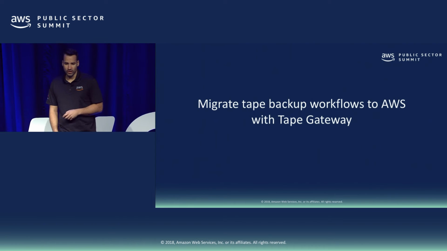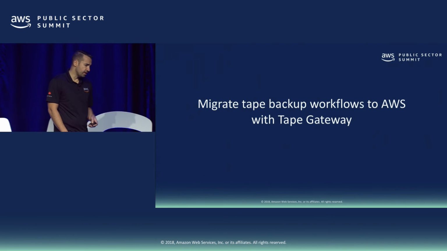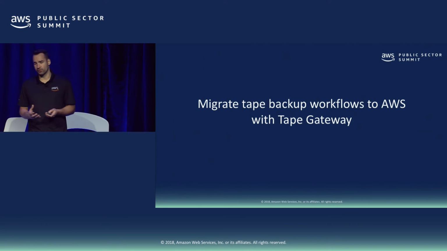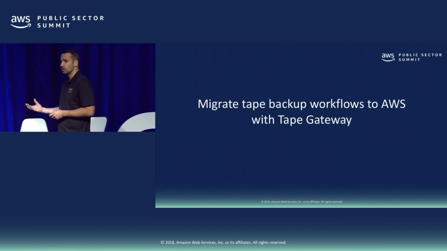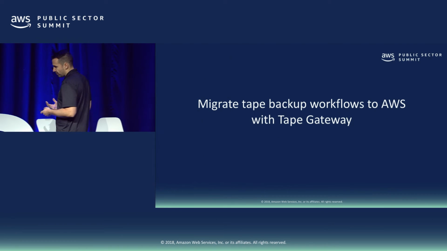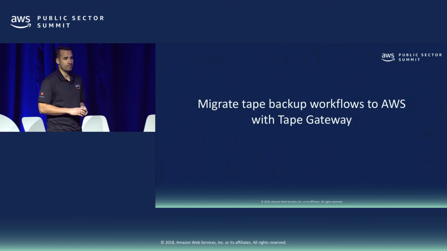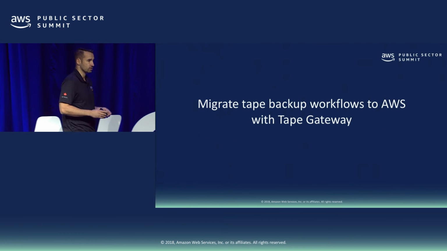So how do we deal with the scenarios where you're still leveraging your backup software and still writing to tapes, or you've been writing tapes for years and you have compliance requirements where you have to keep it for the next 7 years or next 20 years?